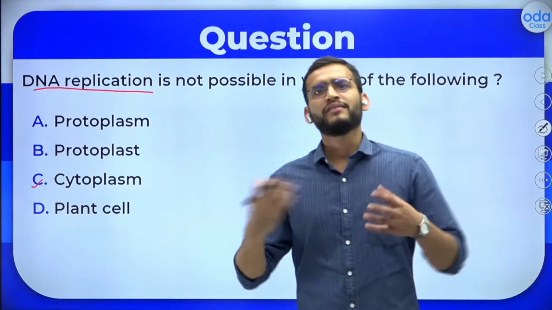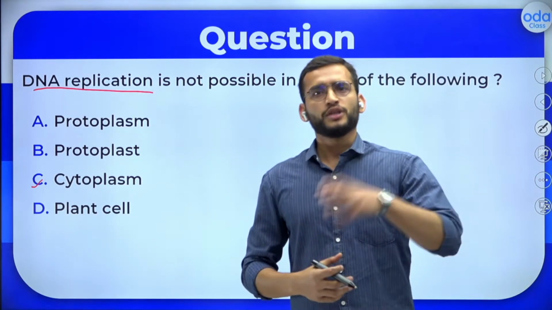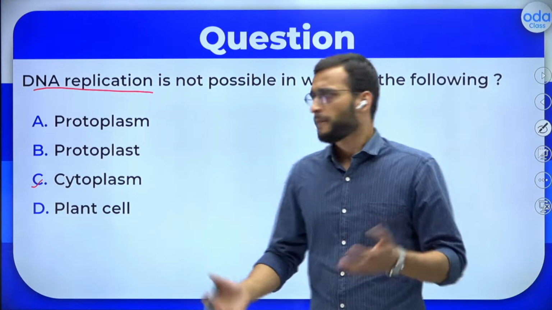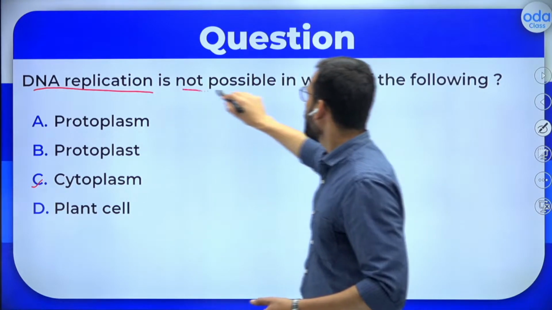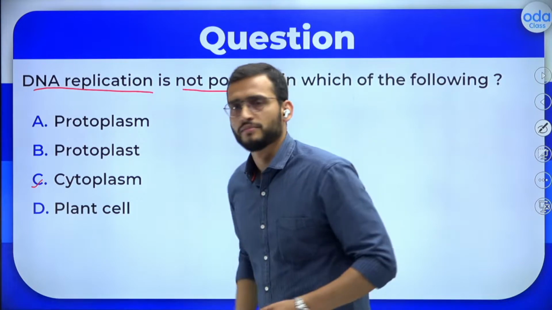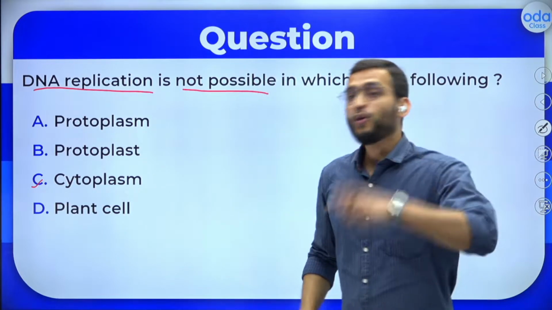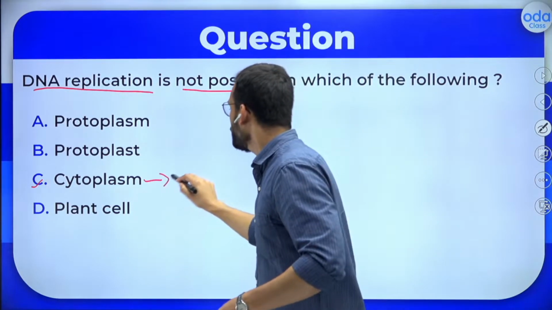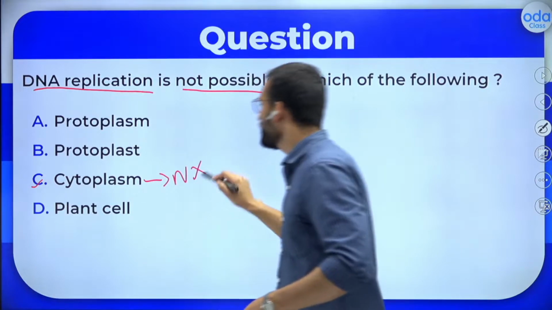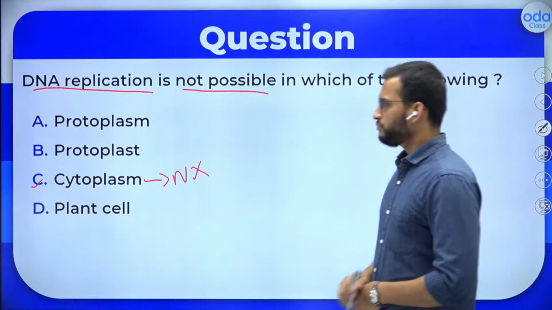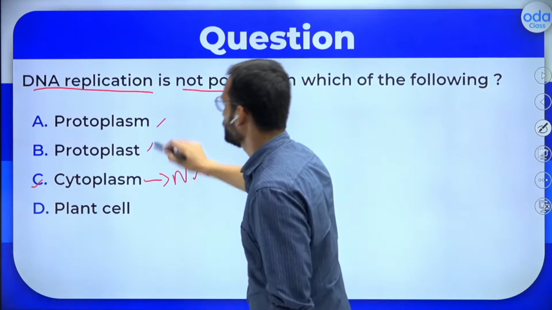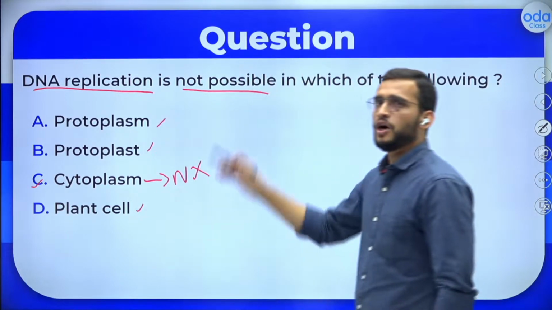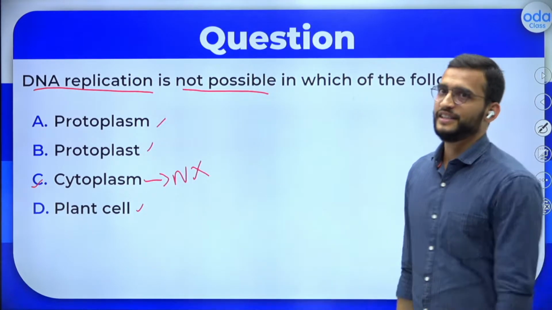Whenever the cell divides, its DNA content also doubles. This is what DNA replication is. So DNA replication is not possible in the cytoplasm because in the cytoplasm, you don't have the nucleus. Nucleus is absent in the case of cytoplasm. While if you see the protoplasm, protoplast, and the plant cell, all of those will be having the nucleus.